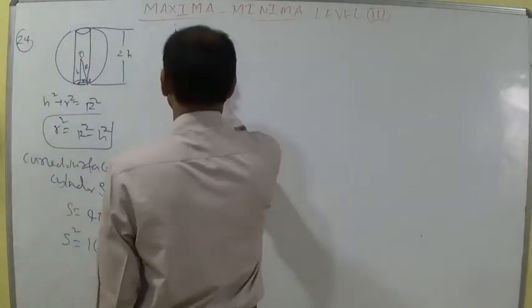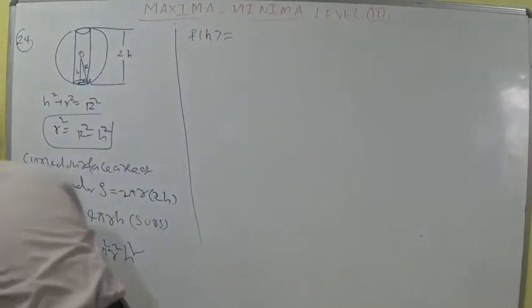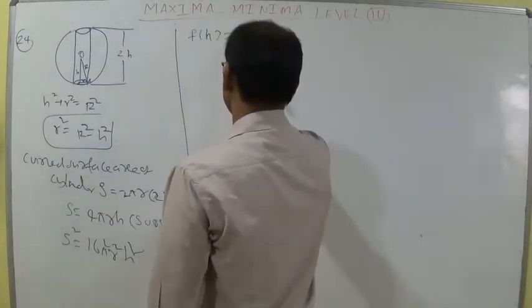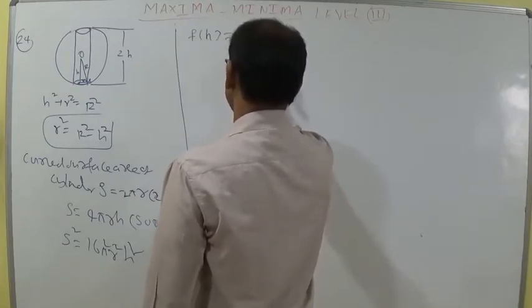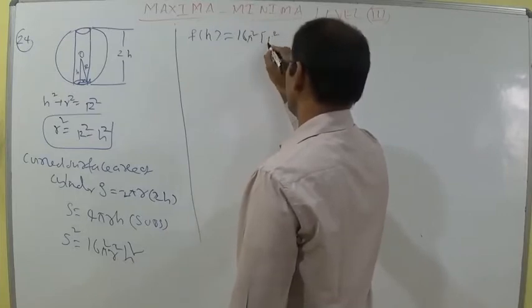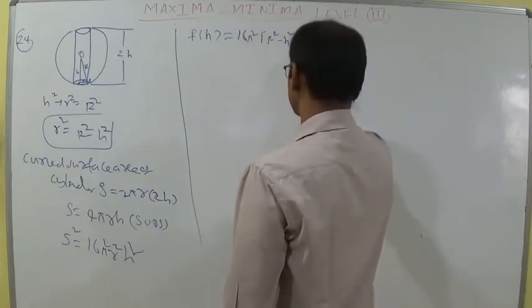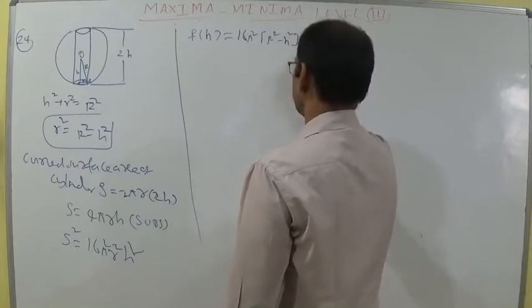So S square, you write f of h. f of h is equal to 16 pi square, instead of r square you can write capital R square minus h square into h square.